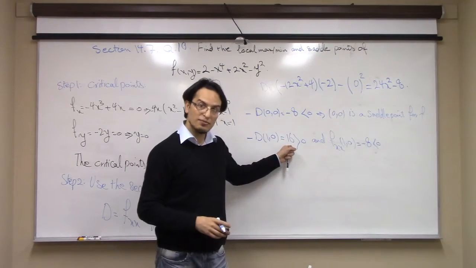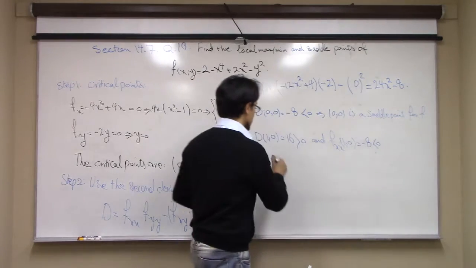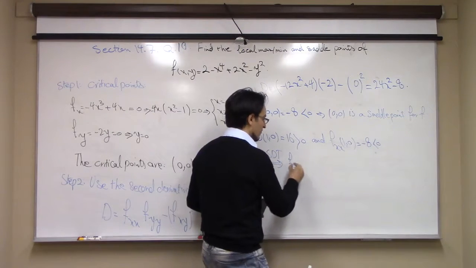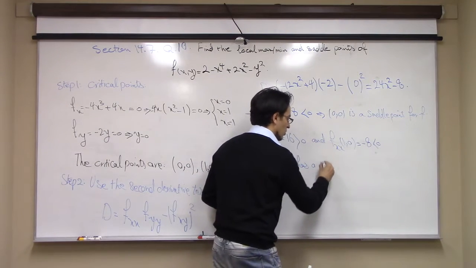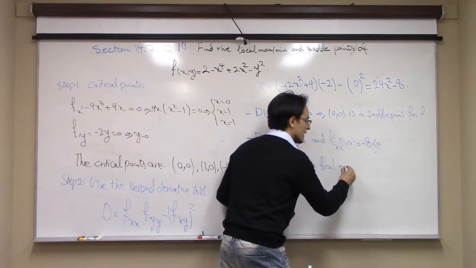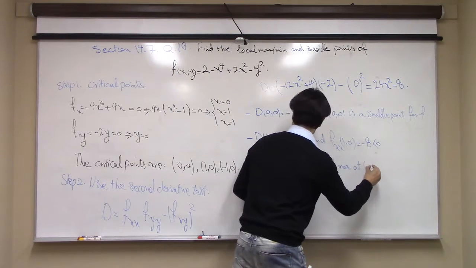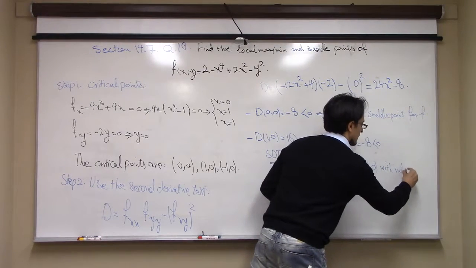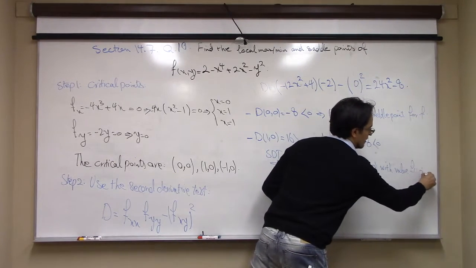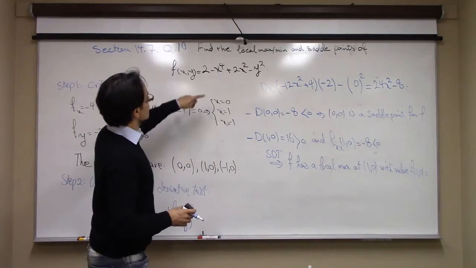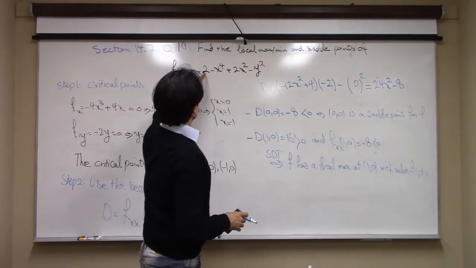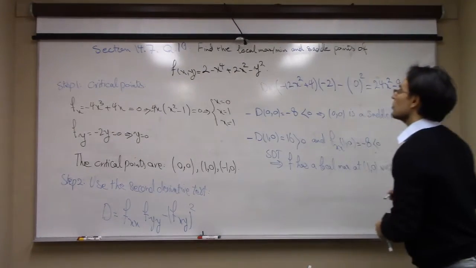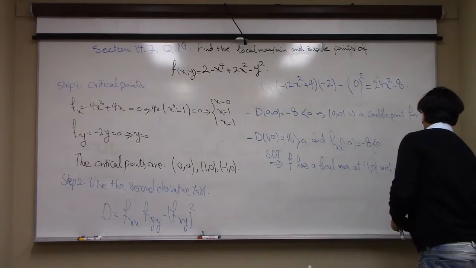If D is positive and fxx is negative, then the second derivative test says that f has a local maximum at that point, which is (1, 0), with value, just plug (1, 0) into your function. The y term goes away. 2 minus 1 plus 2 is equal to 3.